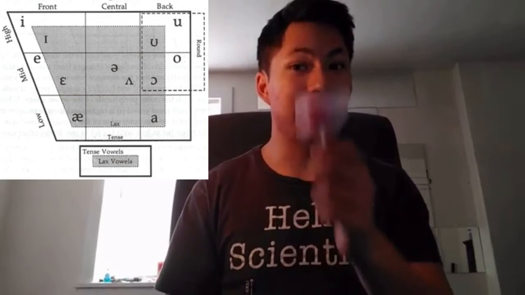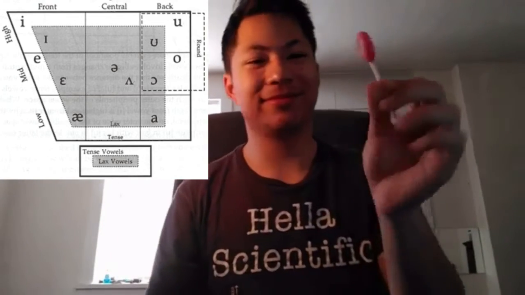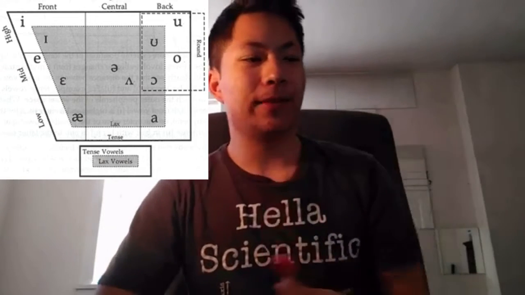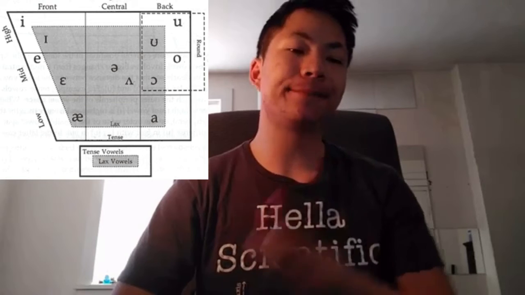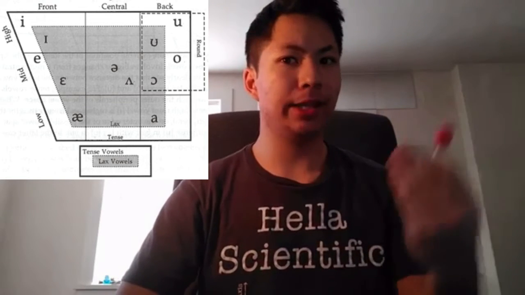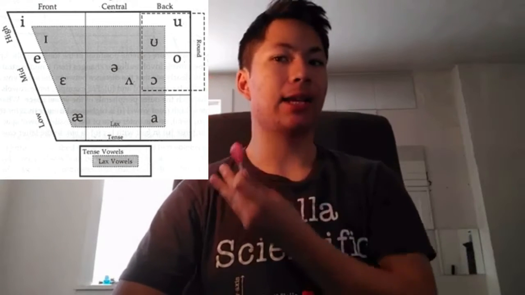And because I love myself and I love you guys, I'm going to demonstrate it with a lollipop. All right. E, the lowercase i, is in the front. U, the u, is in the back.